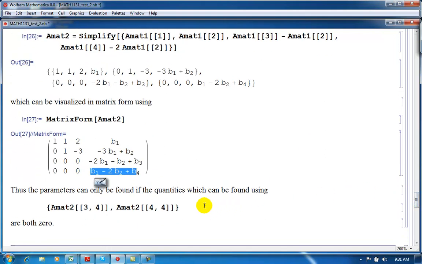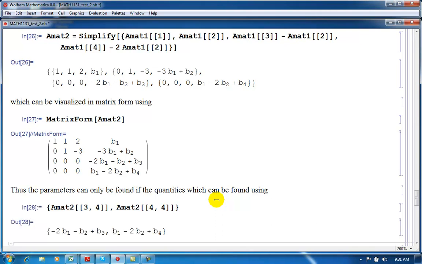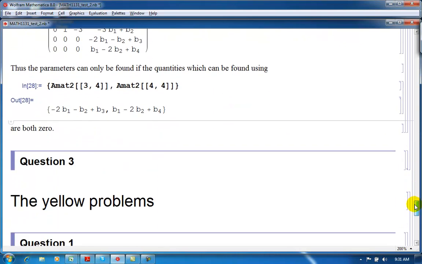So that's the condition on the B's for the vector B to be in the span of those 3 vectors, that both of these have to be 0. So that's easy enough.